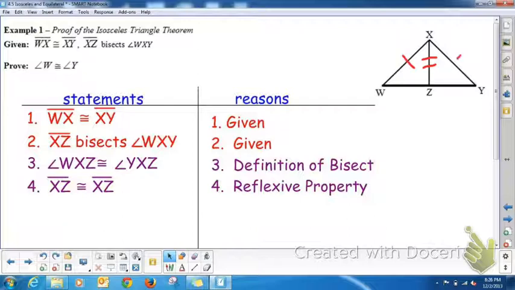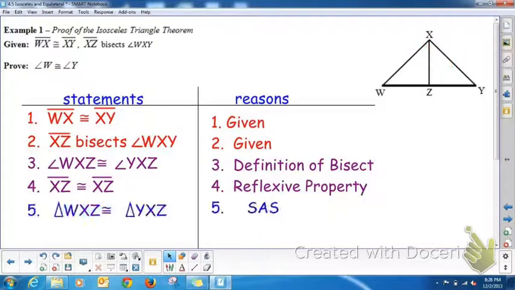So finally we said we have enough information now to prove that these two triangles are congruent using side, angle, side. And if you can prove the two triangles are congruent, then you can prove that their corresponding parts are congruent. Angle W is congruent to angle Y because they're corresponding parts of these two congruent triangles that we've proven using side, angle, side.